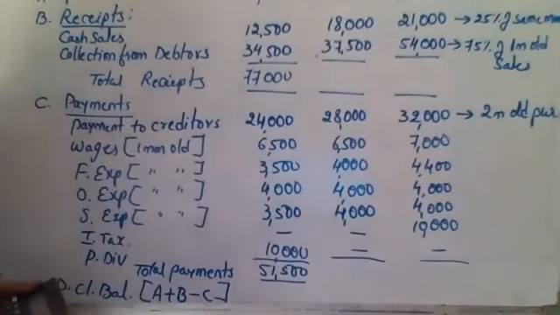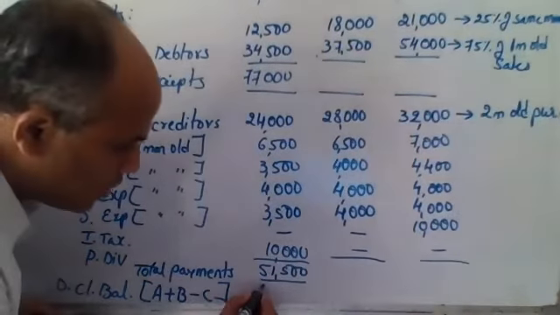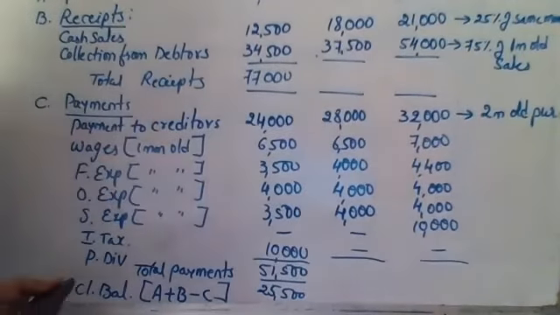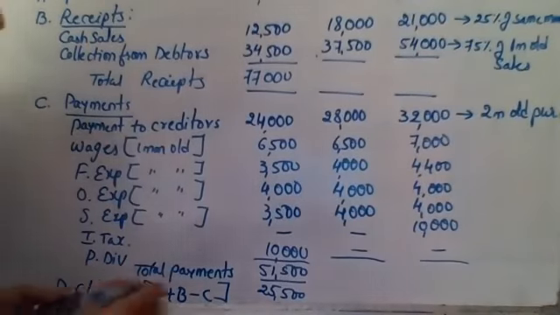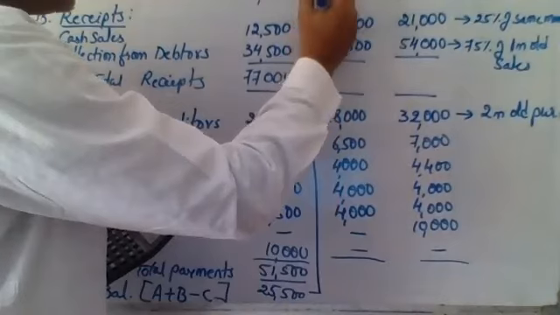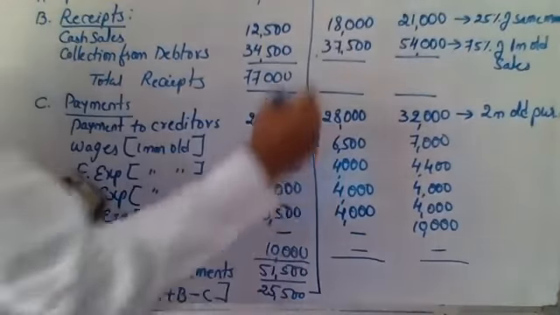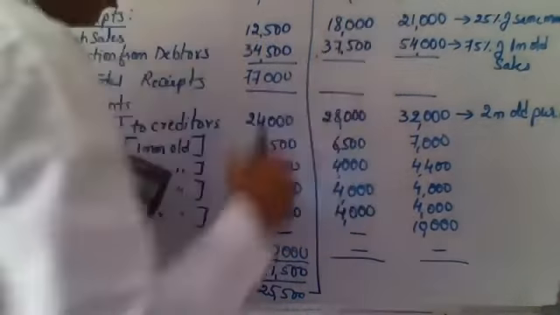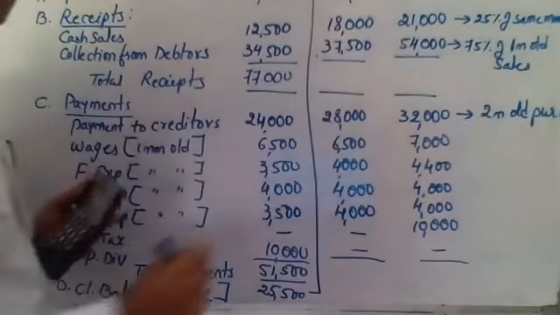So the difference, 77,000 minus 51,500, gives me 25,500 in hand at the end of the first month, that is May. Is it okay? Now this closing balance of May will become the opening balance for next month. This is very important. May's closing balance will become the opening balance of June.